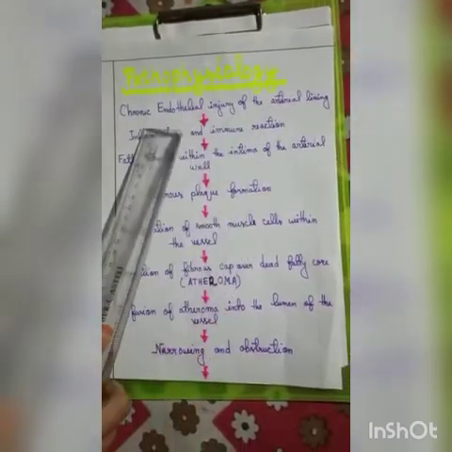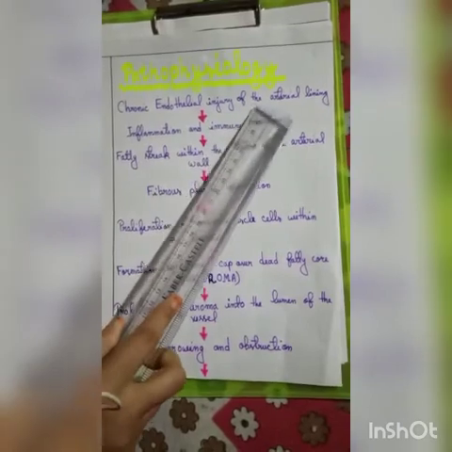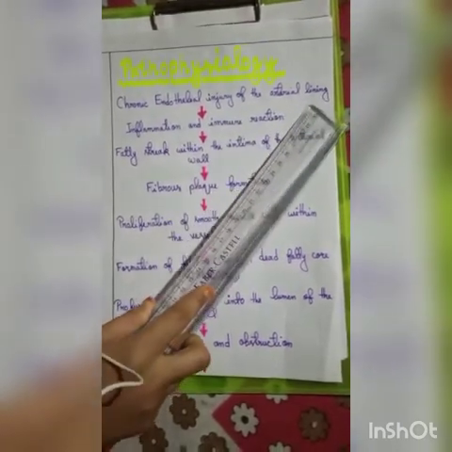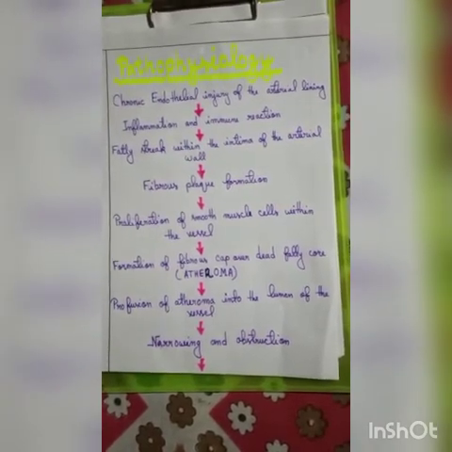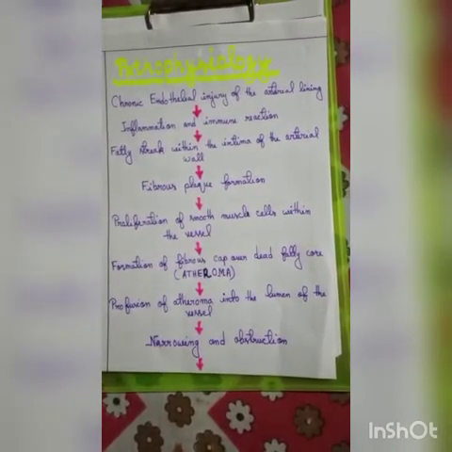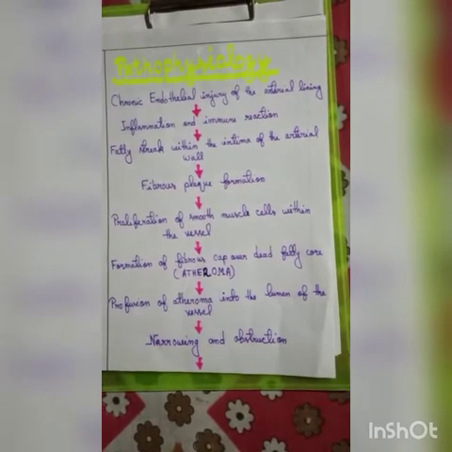Pathophysiology. Chronic endothelial injury of the arterial lining. Atherosclerosis is the major cause of CAD. It is characterized by lipid deposits within the intima of the artery.